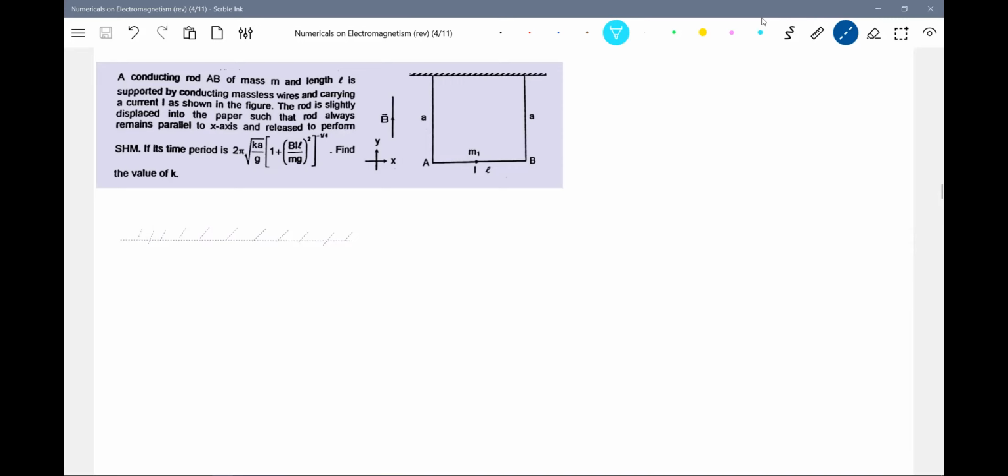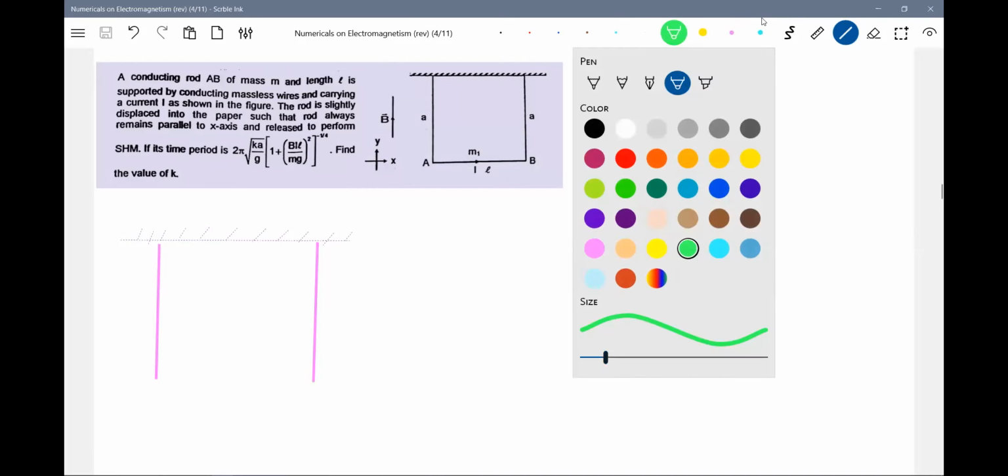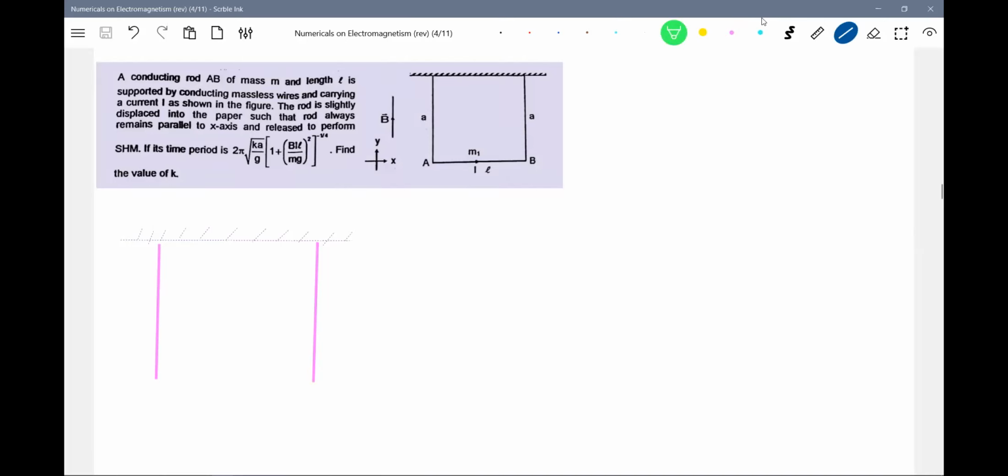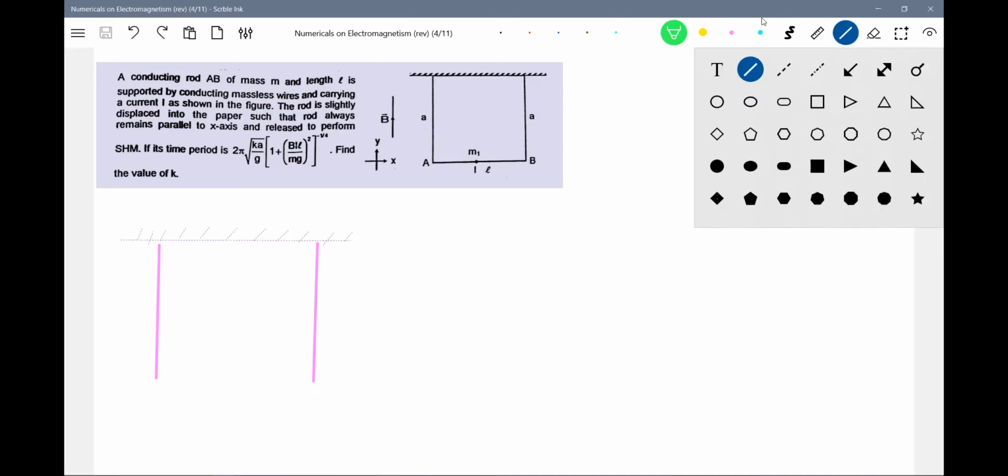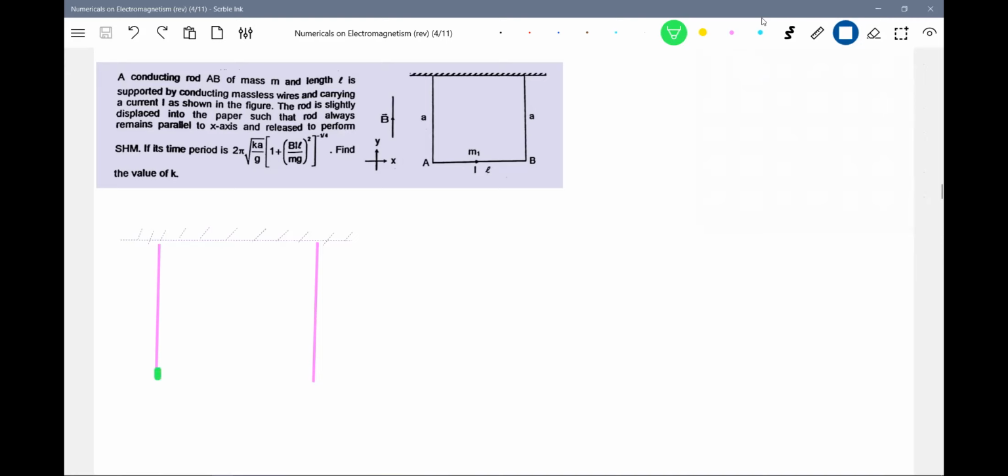And these are the strings. And we have a current carrying rod. If you want, I'll make it a little bit thicker. What is it asking now? It's asking the time period of oscillation, so some SHM conditions are being brought.